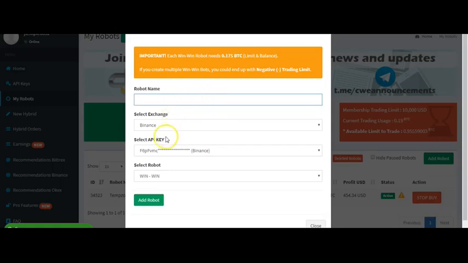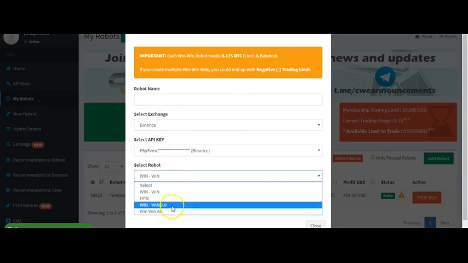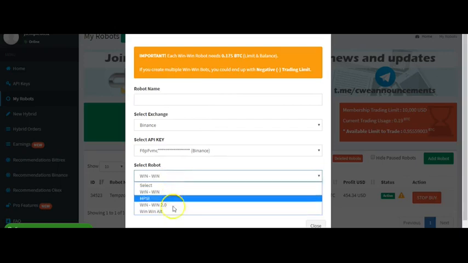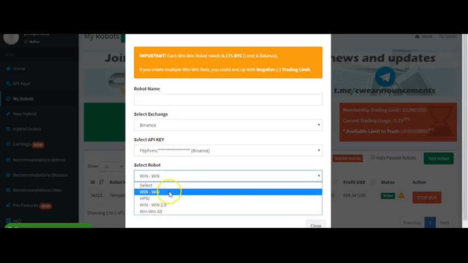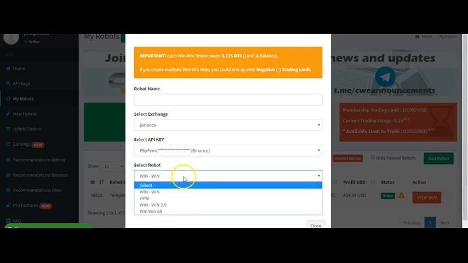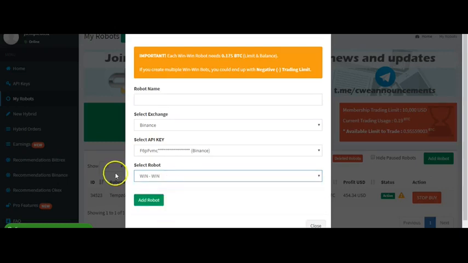This is literally connect your API, choose what bot you want, and click Add Bot. Okay, that's how well this works. All these are completely automatic in the background. You don't have to do anything. This bot is good to know when to turn on and when to turn off. However, the rest of them you can completely forget about.